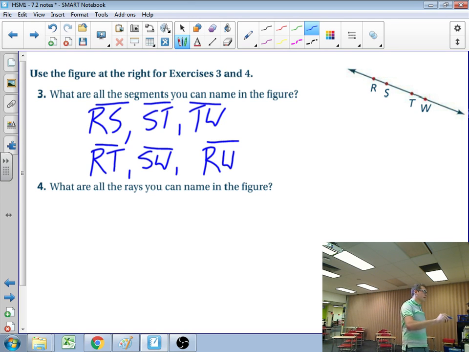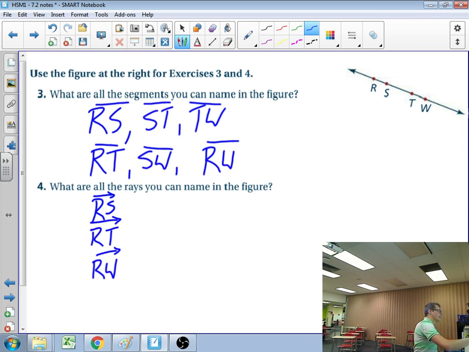So I'm going to start with endpoint R, and I could do RS, I could do RT, or I could do RW. Then I can start with S, and I can do ST or SW. Notice I'm going all the same direction right now. And then I could do TW, and that's all of the ones that could point right.